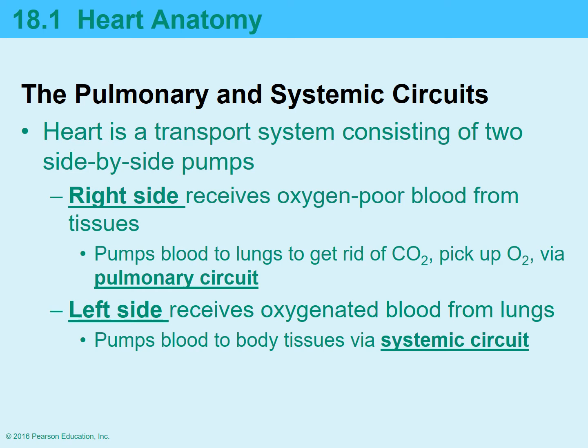It's low in oxygen, gets pumped to the lungs via the pulmonary circuit, returns to the left side of the heart. This blood is now highly oxygenated, which means it has a high concentration of oxygen, very low in CO2. And now the left side of the heart will pump the blood out the aorta to the systemic circuit or systemic circulation pathway, which is everywhere else.